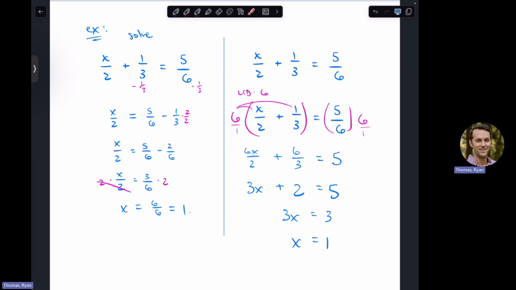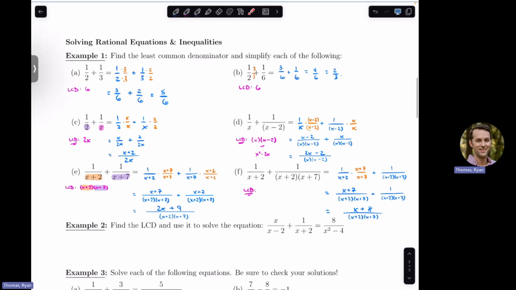These are not the only ways you could solve this, but I point this out because where we're going is solving things where variables show up in the denominator, which are going to sort of look and feel a little bit worse, right? Think about what we just did here. Did everybody feel pretty good about the first couple? Yeah.